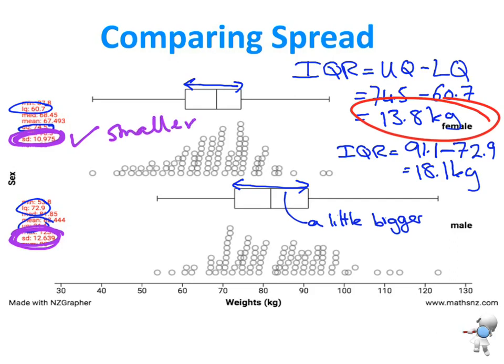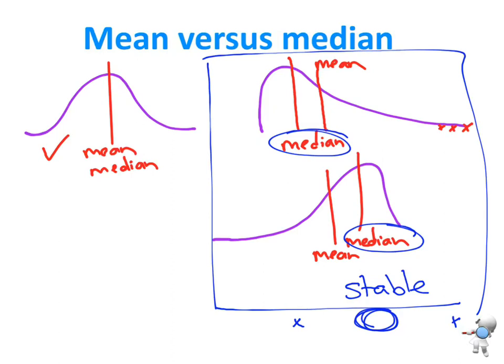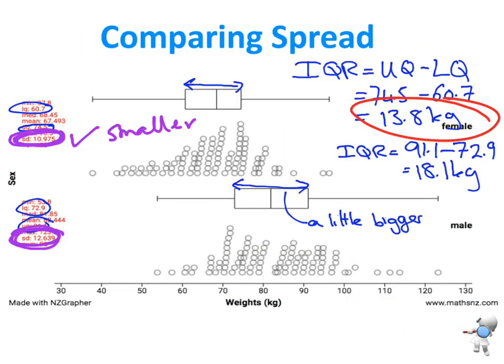So they're both giving me the same result. And I'd expect that most of the time. It's the same idea as mean versus median: if I've got normally distributed data, then they are both good to use. If I've got skewed data, then the interquartile range is a more stable measure to use.